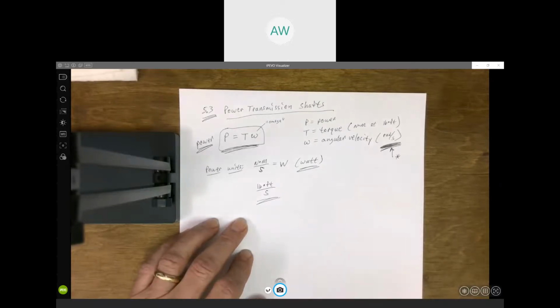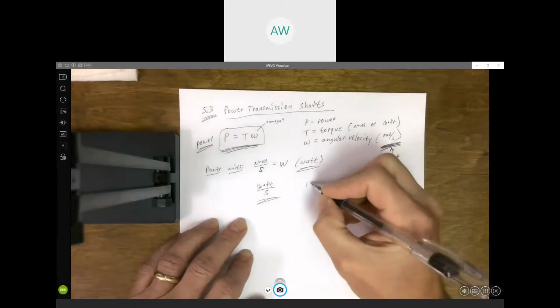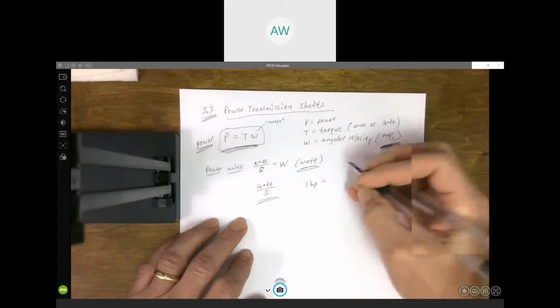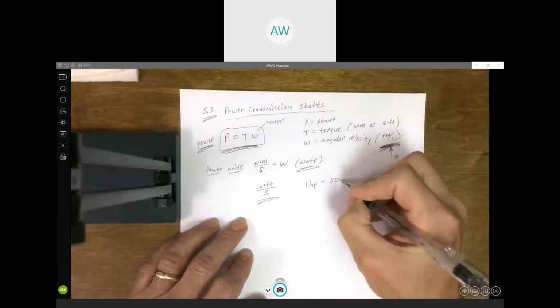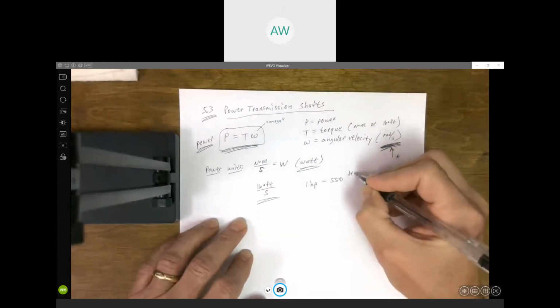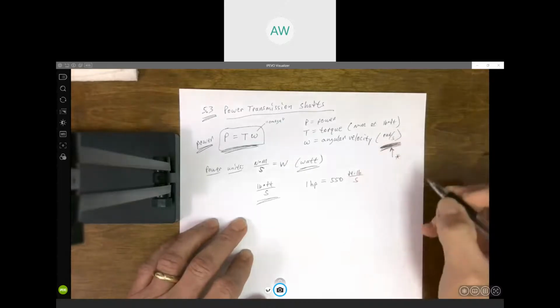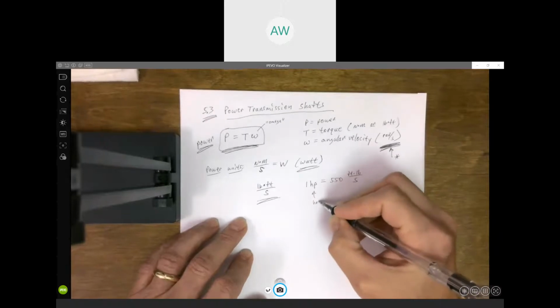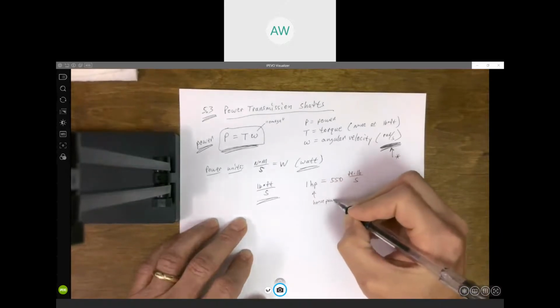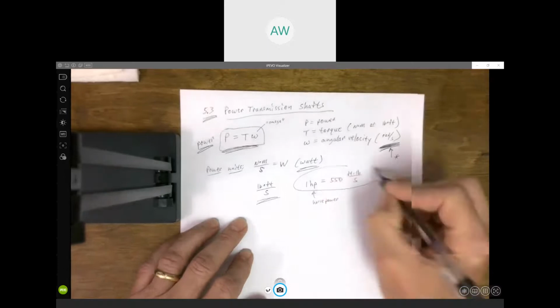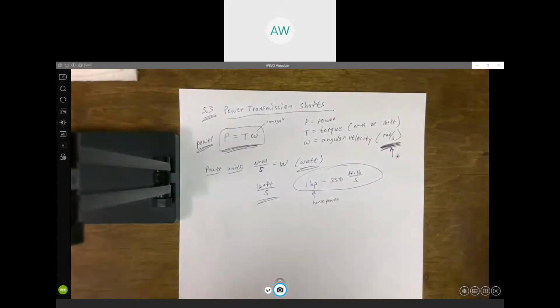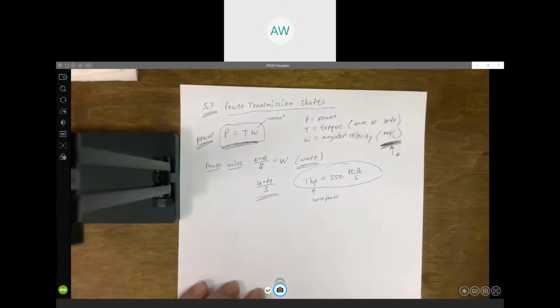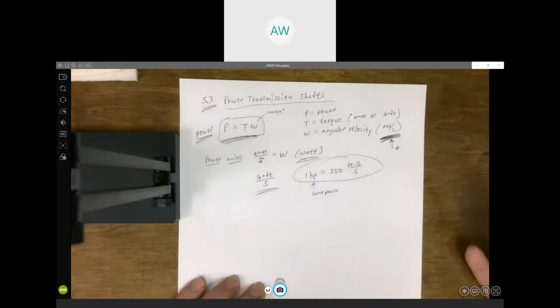Now, I know there's a bunch of guys out there who drive cars: horsepower. There you go. So 1 horsepower is equal to 550 foot pounds per second. So typically that's what you'll see power given in if it's English units.